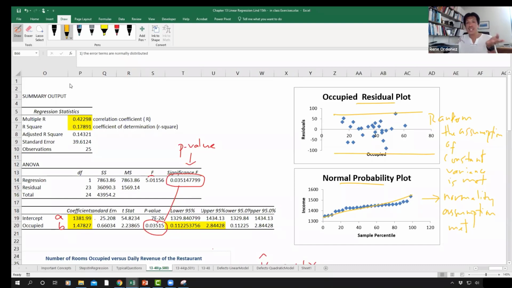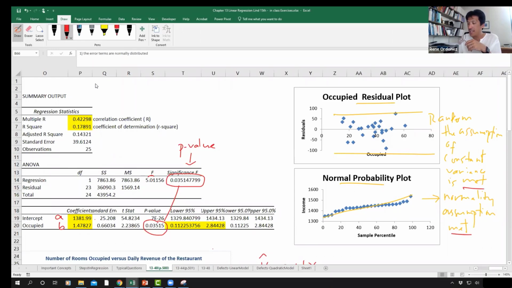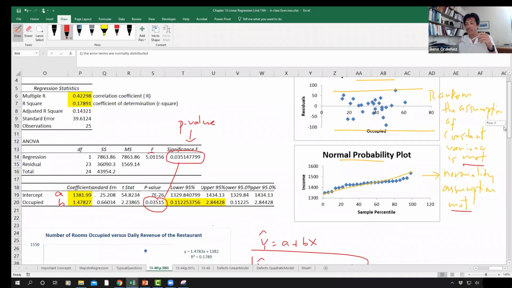Okay, so since these two assumptions are both met, then and only then can we conclude that the linear model is appropriate.